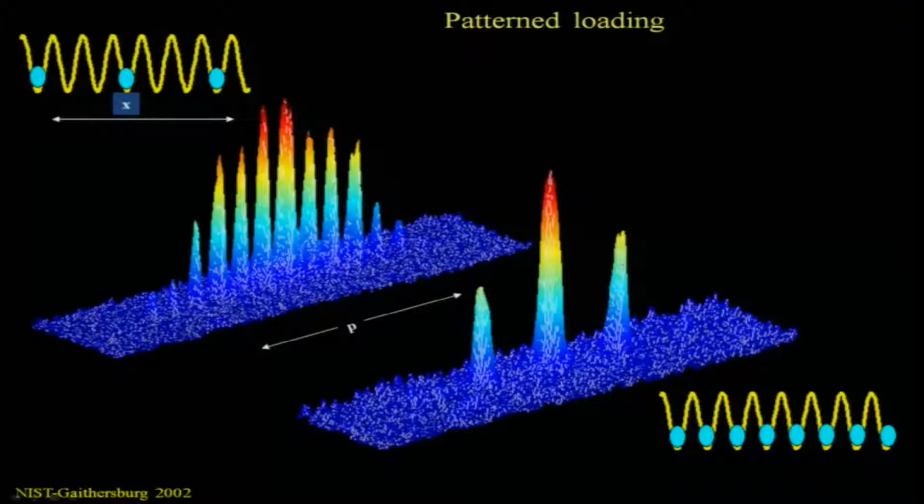They were able to do a pattern loading of the system in Gettysburg, in these 2002 experiments of theirs, and these spatially pattern loaded atoms were being addressed and studied by using light as a means to do the computational aspects, in this case the quantum processing.